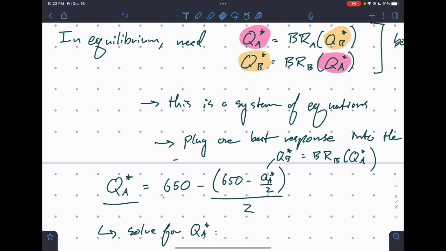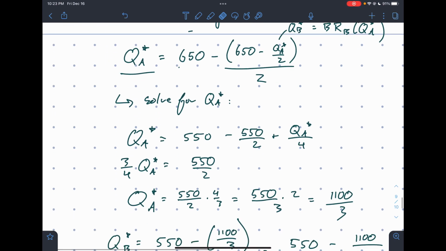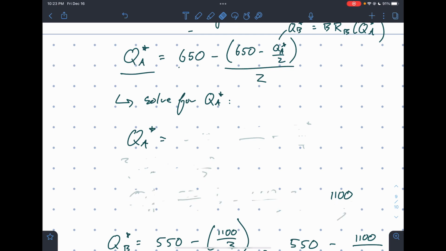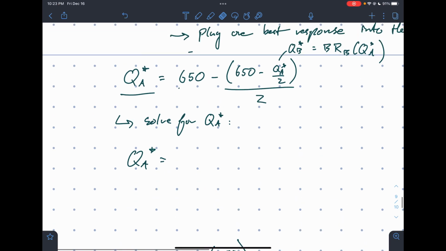And then given firm B's best response, this is firm A's best response. So I'm putting one best response inside of the other, and then I'm going to solve for the resulting QA star.